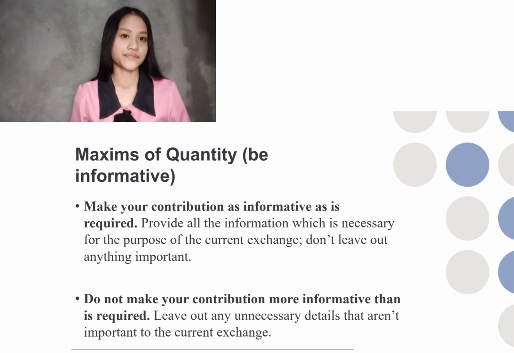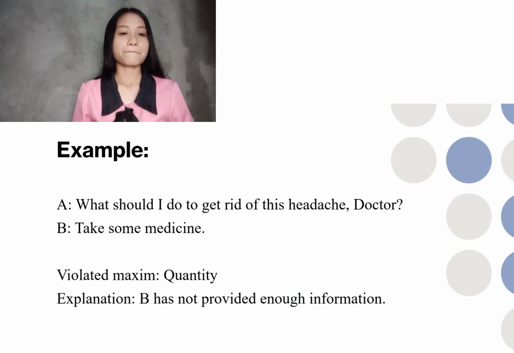For example, based on the maxim of quantity. A: What should I do to get rid of this headache, doctor? B, the doctor, said: take some medicine. The violated maxim is quantity. Why? B has not provided enough information.